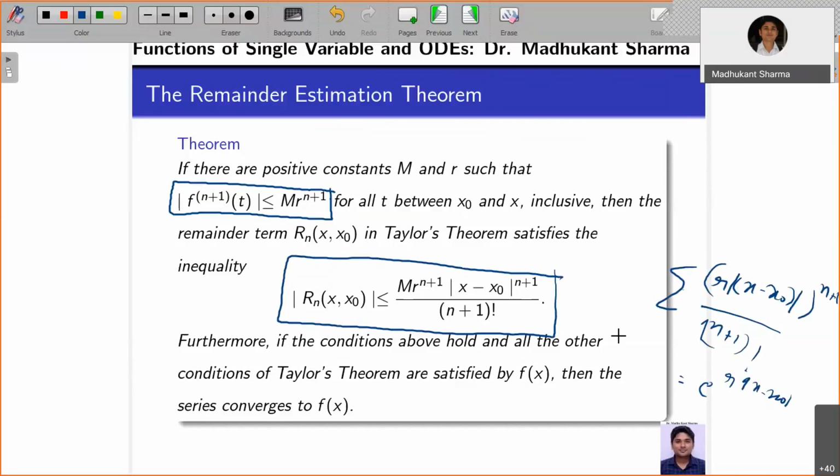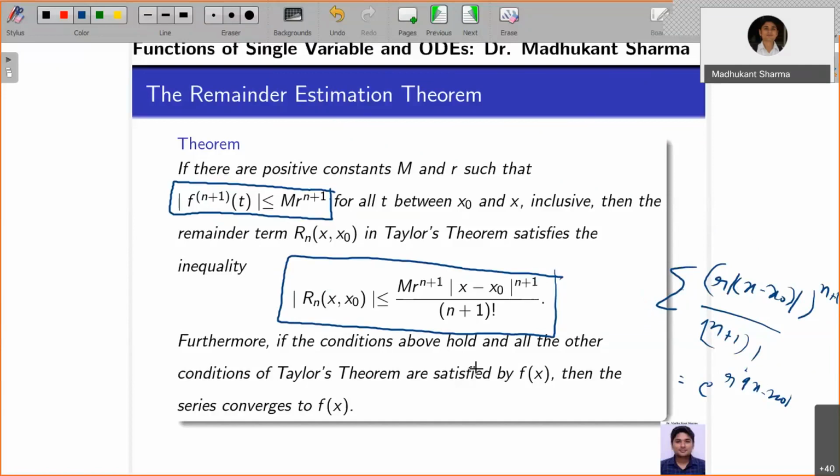It converges for what values of x? At x equals x naught there is no need to look. What is the radius of convergence for this series? You can find that by the limit. Then you can show that it converges for every value of x.